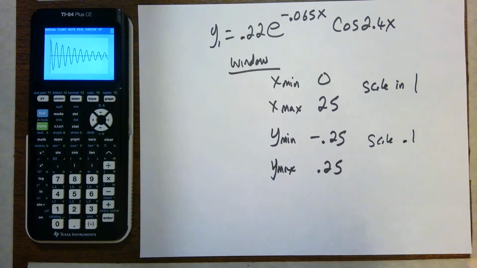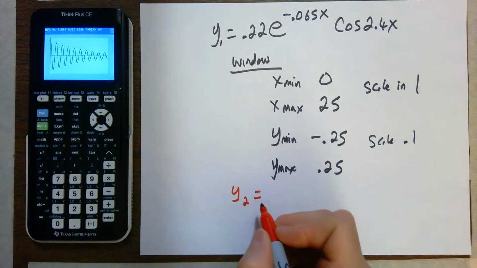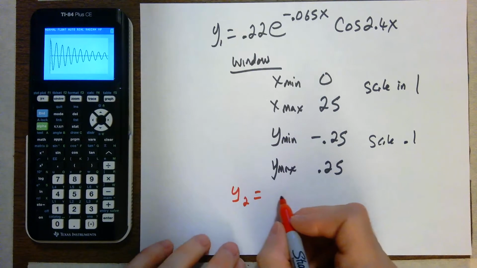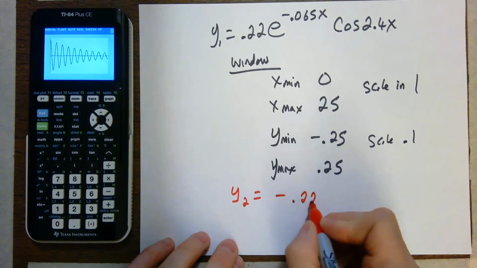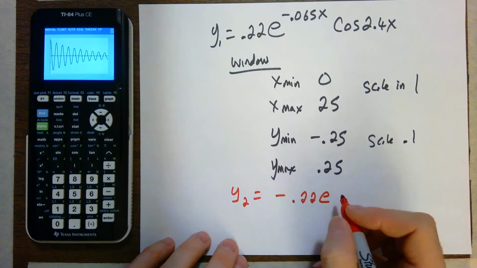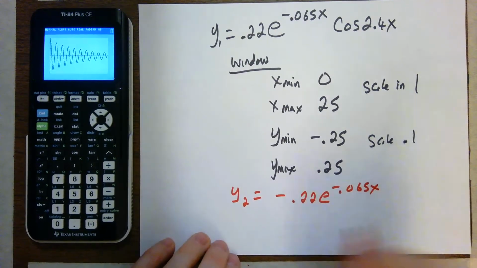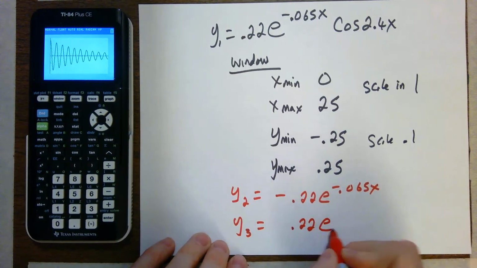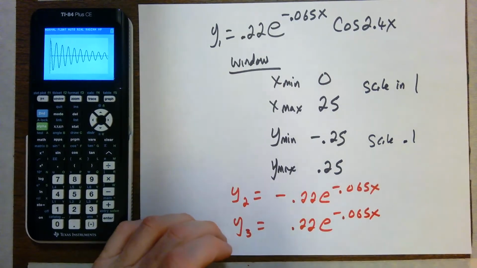So I want to graph two more lines. In y2, I want us to graph the line negative 0.22 e to the negative 0.065x, and in y3 I want to graph positive 0.22 e to the negative 0.065x.